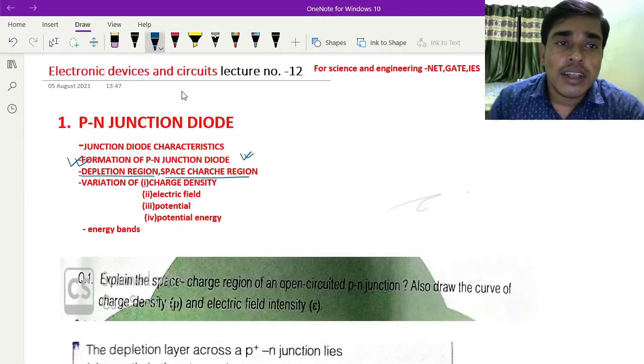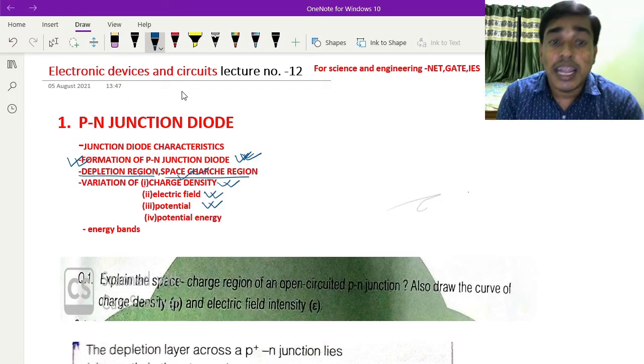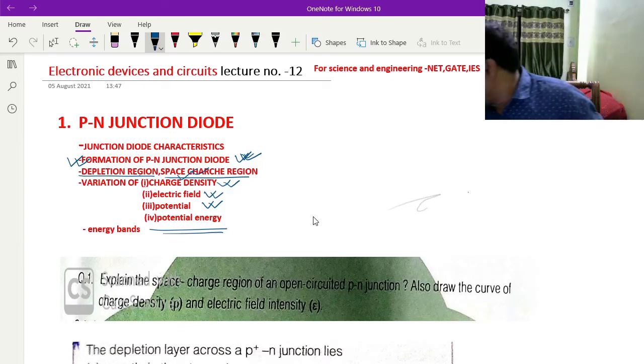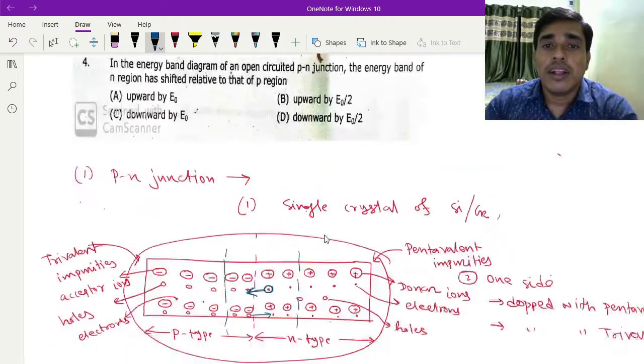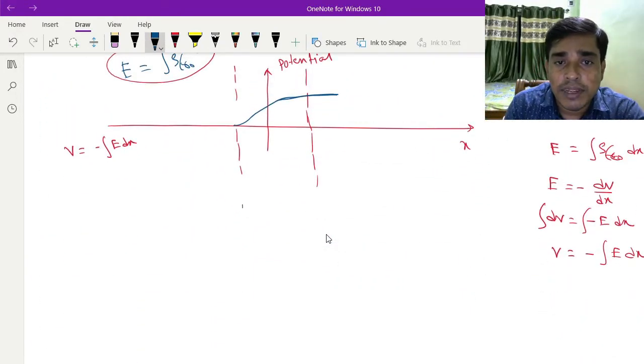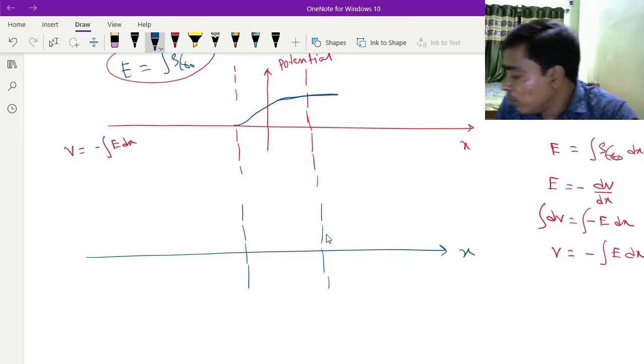So here you see that I have already discussed the formation of the p-n junction, what the depletion region or space charge region is, charge density, and the variation of charge density, electric field and potential. And now I will discuss the variation of potential energy. The variation of potential energy graph will be in this way. Suppose this is the junction, this is the distance.